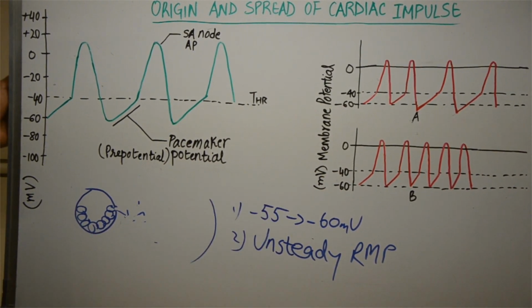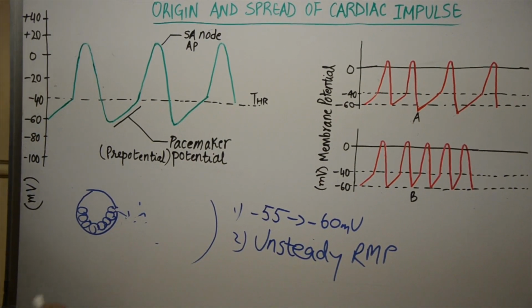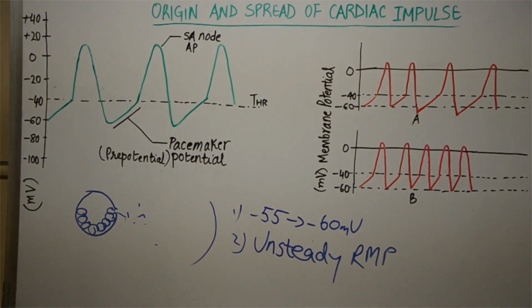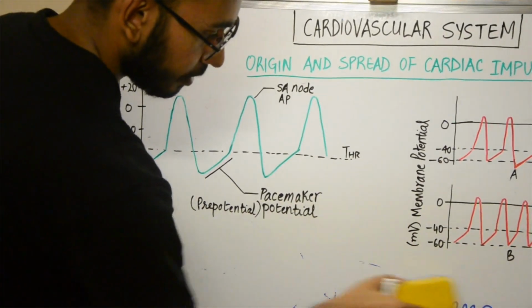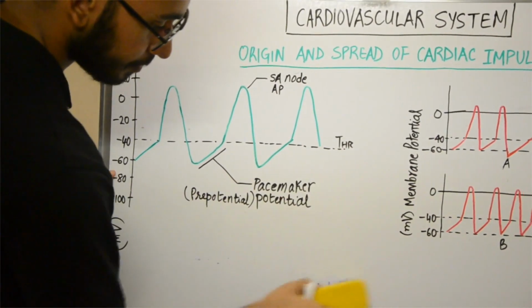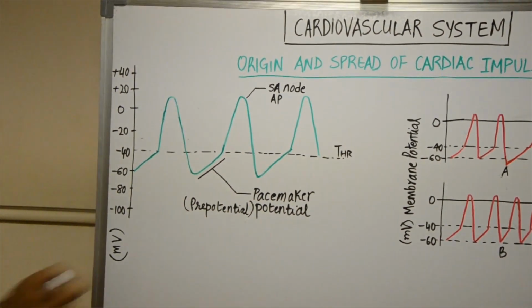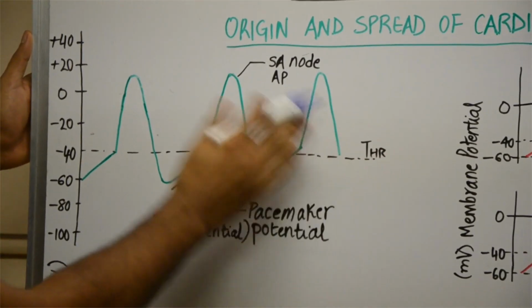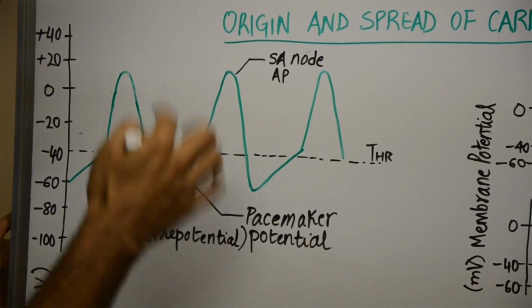Now let me explain to you how autorhythmicity actually works and why this is known as the pacemaker. As you can see here, this is how the action potential curve of the SA node appears.